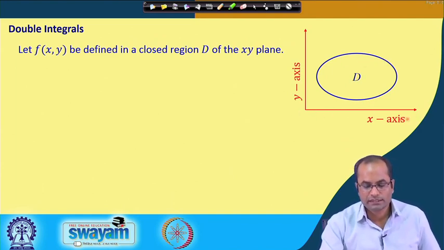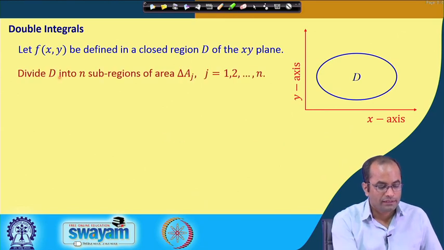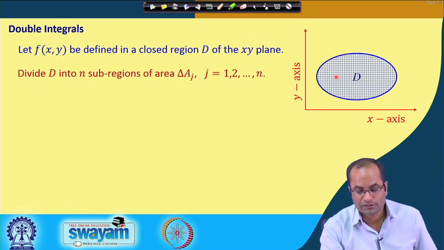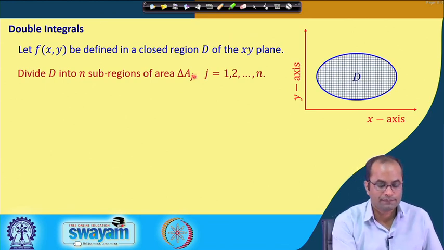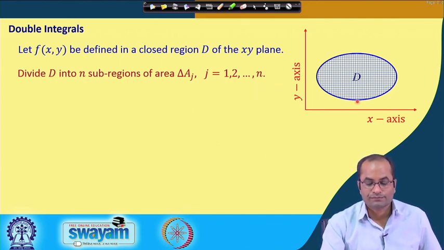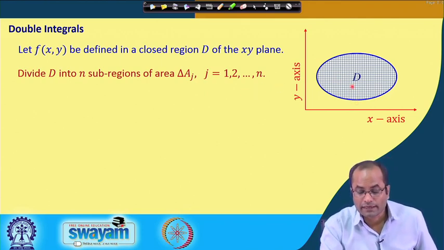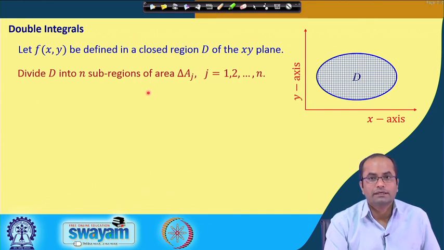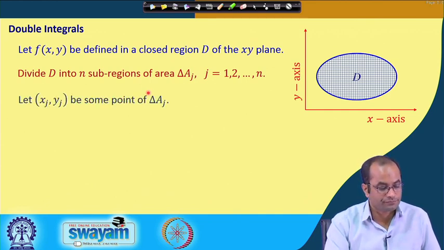Here we have the x axis and the y axis, and then we again divide this region into sub regions, into smaller regions of area delta A_j. Each sub region will have area delta A_j, and j varies from 1 to n. Such rectangles or squares are actually n in number, and each of them has the area delta A_j.